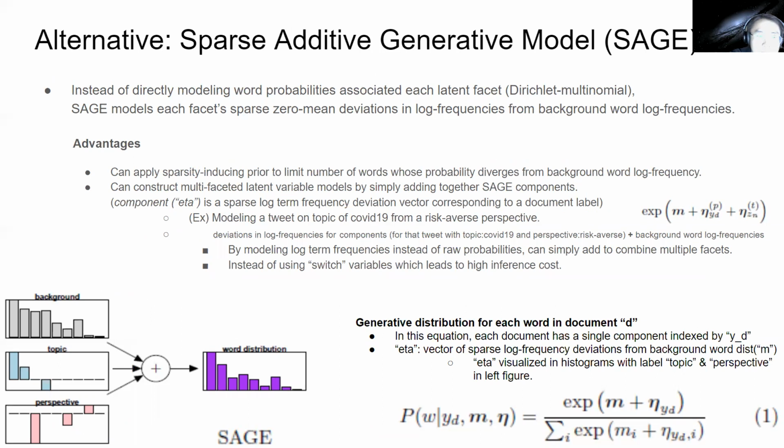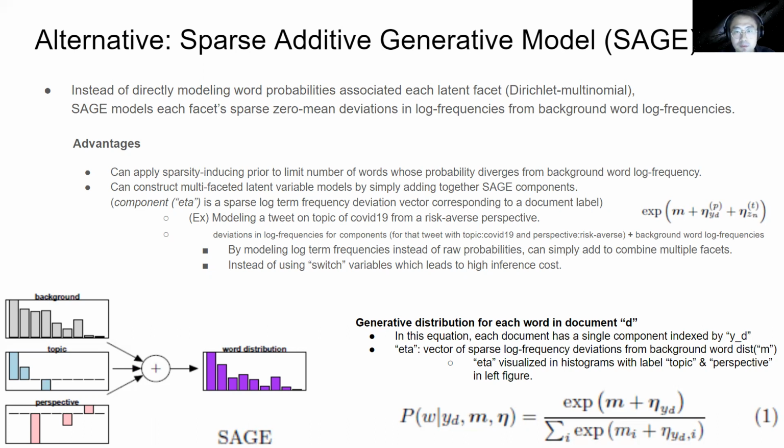Sparse comes from the fact that we are modeling each facet, for example topic or perspective, those kinds of metadata, as sparse, zero-mean deviations in terms of log frequencies from the background word log frequency. Now we are no longer dealing with the raw probabilities of the word distribution. Now we're dealing with log frequencies, which makes it additive.